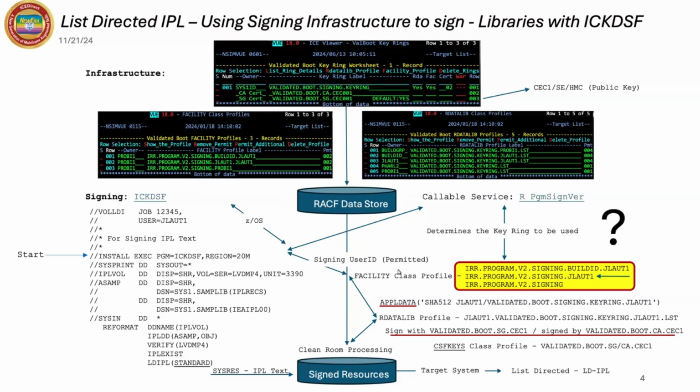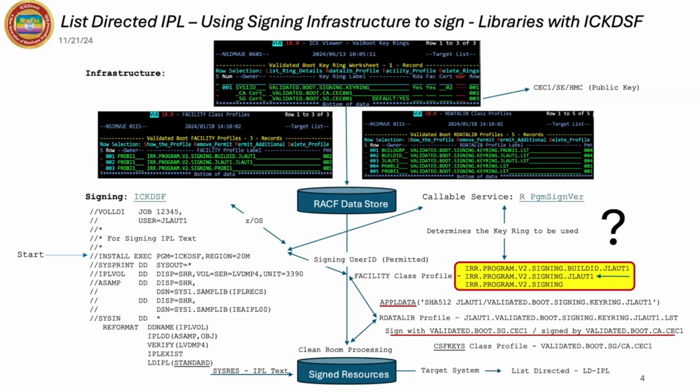The same thing is true when we design a volume. Instead of IEWSIGN, we use ICKDSF. But it in turn, if it is structured accordingly and has available to it, as you can see down here at the bottom, a reformat form which says LD-IPL standard, will make a call again to that service to determine whether or not the user who is submitting the job has the appropriate authority to do that and to complete the signing successfully.